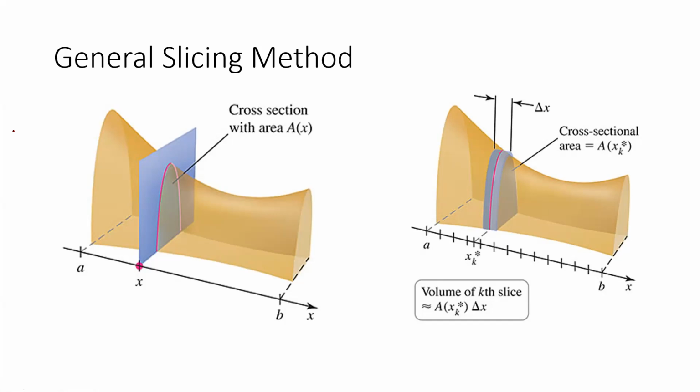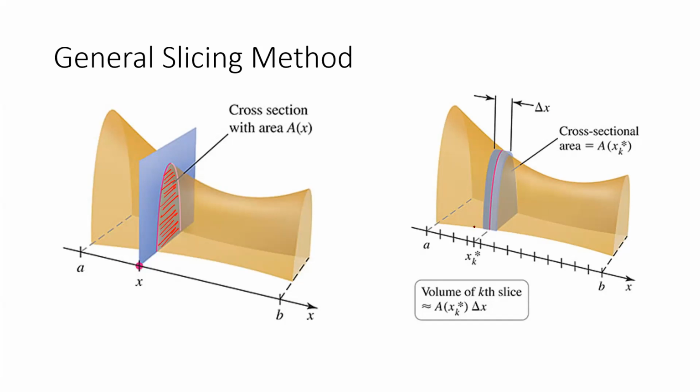So the area of a slice of our solid is called a cross-section. Here in this little plane that we slice it with, the intersection of that plane and our solid is what's called the cross-section. Okay, so at each point x along our axis, we have a cross-sectional area that goes with each point.